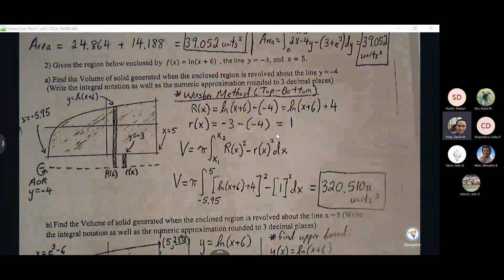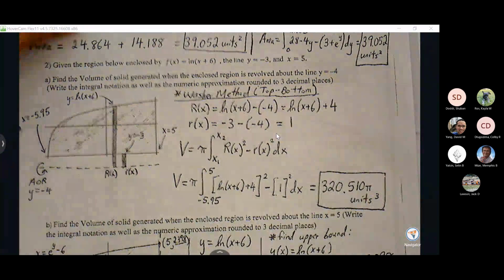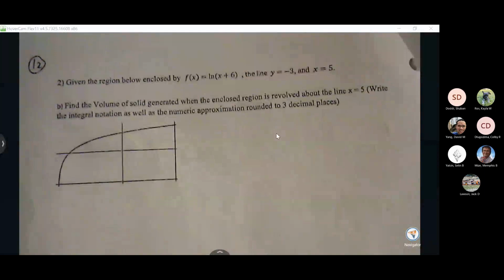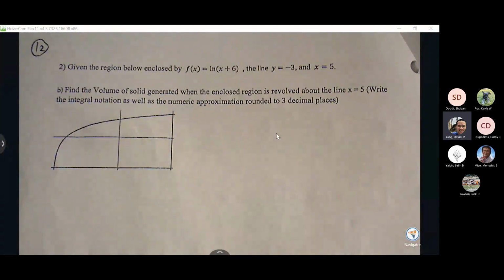Okay, number 2, part B, next page, page 12. Same shaded region, but now we're rotating around the line x equals 5.